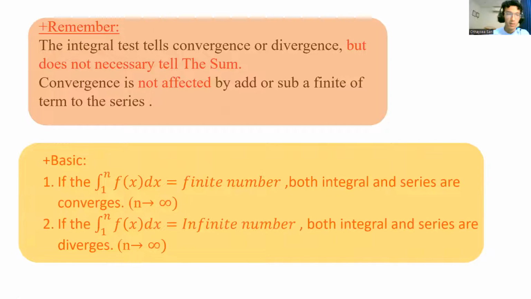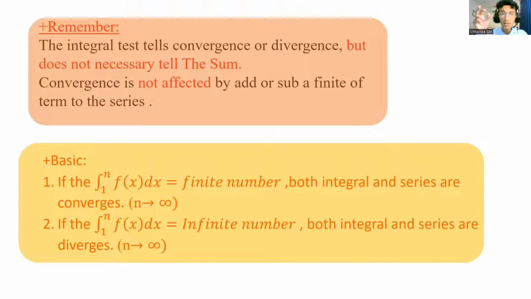The thing that you need to remember is that the integral test tells convergence or divergence, but it does not necessarily tell the sum. Like I told you in the last 2 minutes, the integral test just tells you that the series is convergent or divergent, and it does not tell the sum. Sometimes you can start with n equal to 1, or 2, or 3, it depends on you, but the series is still convergent or divergent. It is not affected by the term that you start with, it just changes the sum.